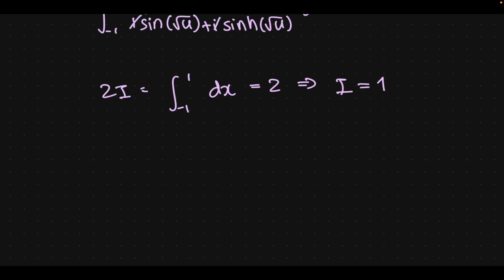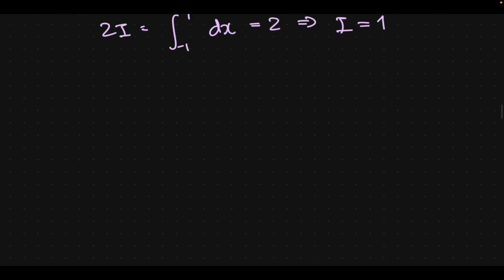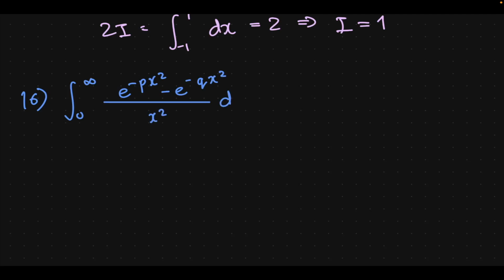Now moving on, and trust me, if you think some of these are quite easy, there's better questions coming up. So question 16: integral 0 to infinity of (e to the minus px squared minus e to the minus qx squared) divided by x squared dx, where p and q are greater than 0.